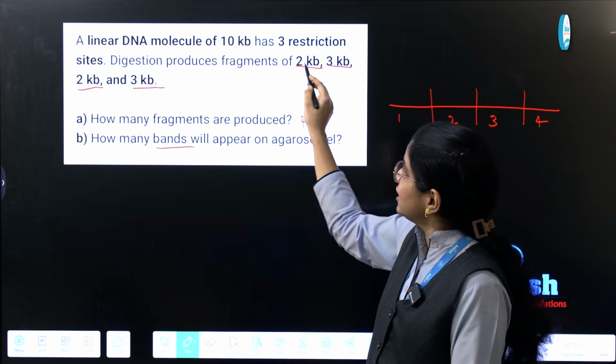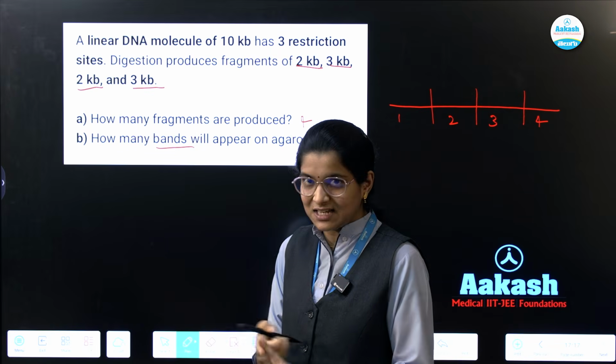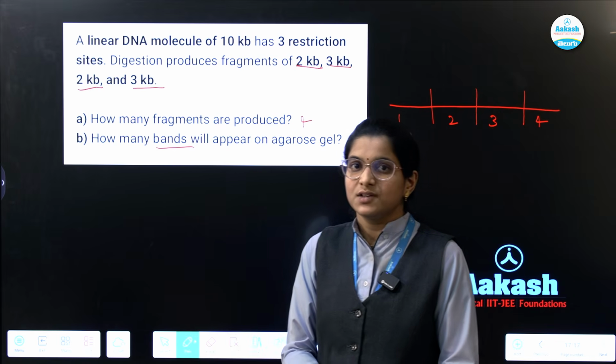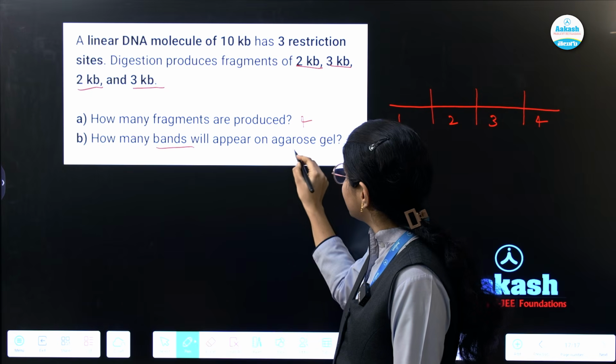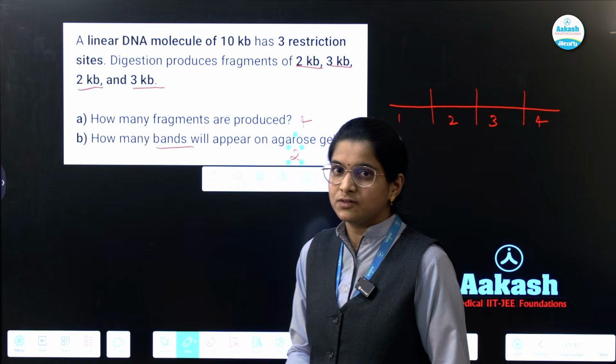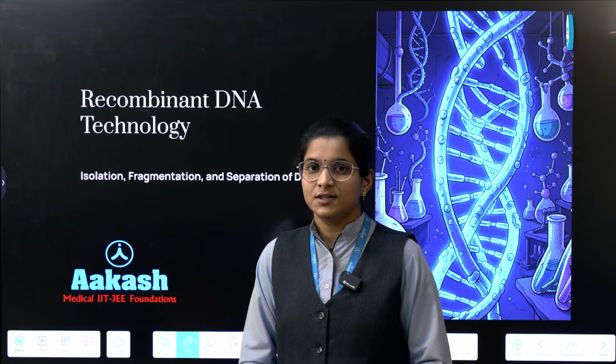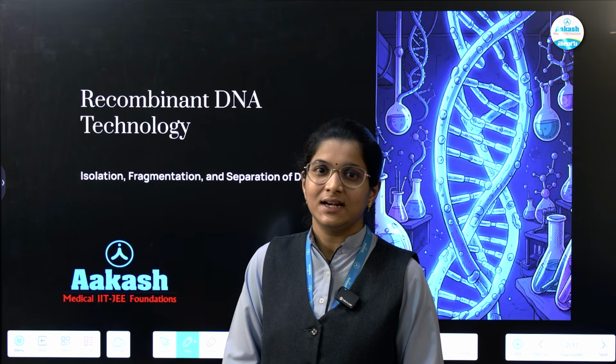So both the 2 kb fragments will be seen as a single band and the 3 kb fragments will be seen as a single band. So the total number of bands which you get will be 2 bands. So fragments will be 4 fragments while the bands will be 2 bands. So these are the different steps of recombinant DNA technology.